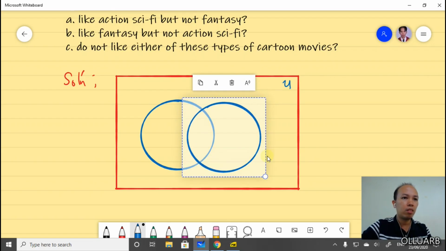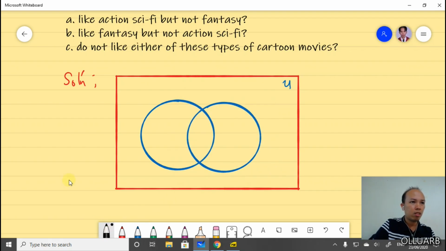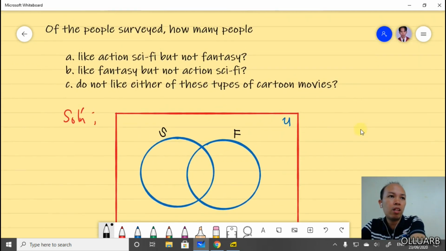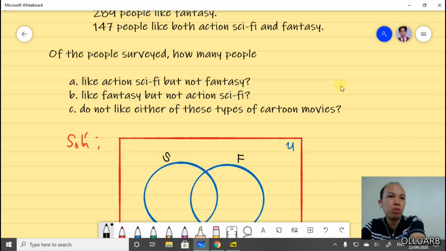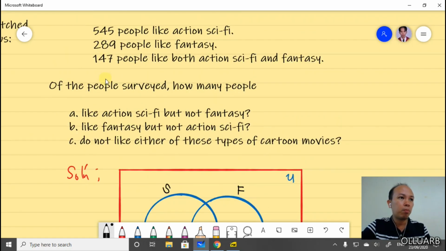Let's move down, and then let's mark this S for action sci-fi, and for fantasy we will use the capital letter F. Okay, so again, as I've told you in the first example, you will have to start at the bottom and then move up.